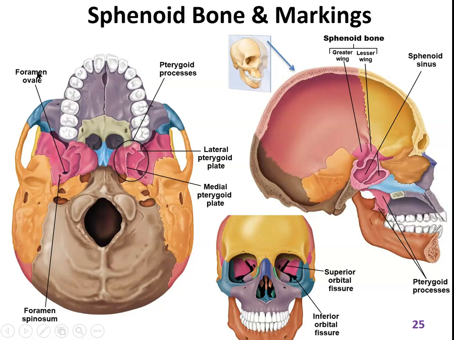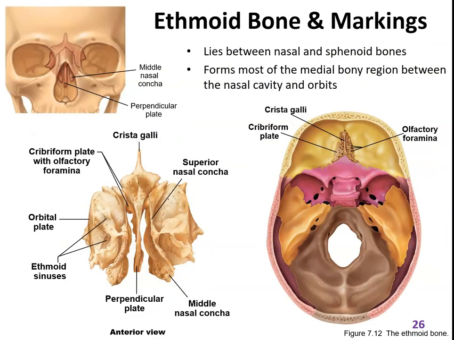Okay, sphenoid bone, cool. Ethmoid bone is my favorite if sphenoid is not my favorite. The ethmoid bone is this super weird bone that is mostly air, and it sits directly anterior to the sphenoid bone. It has a couple different central things going on.